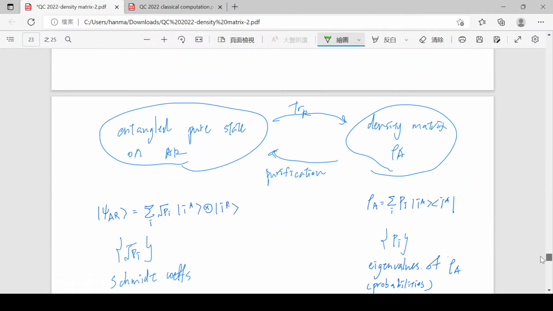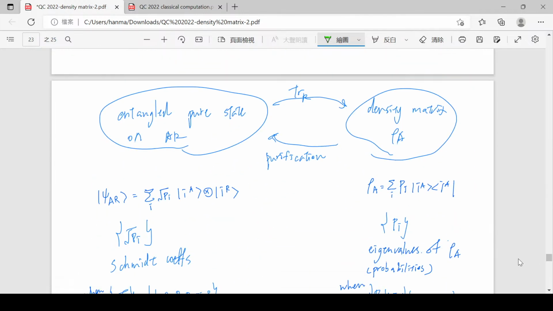Once again, there are three things we talk about in the reduced density matrix: the partial trace operation, purification, and Schmidt decomposition.